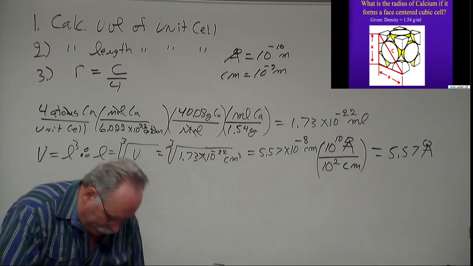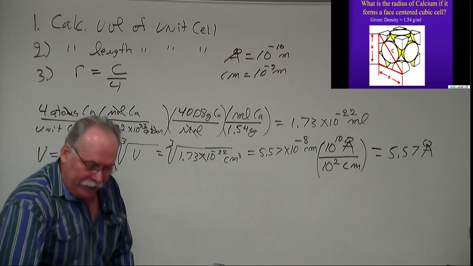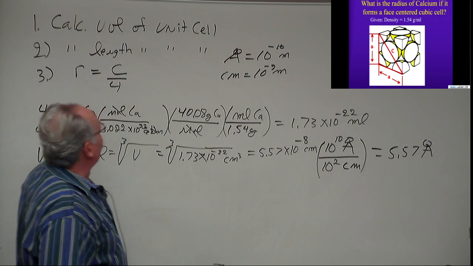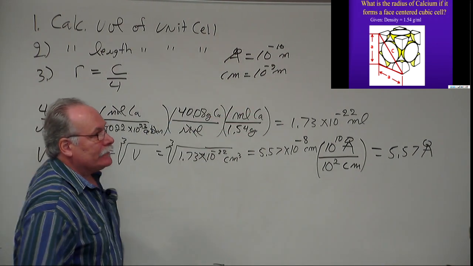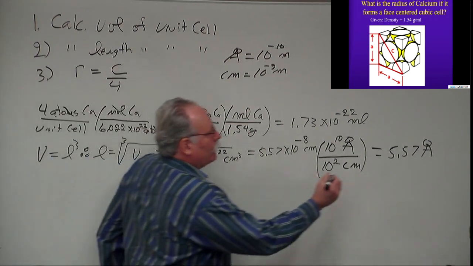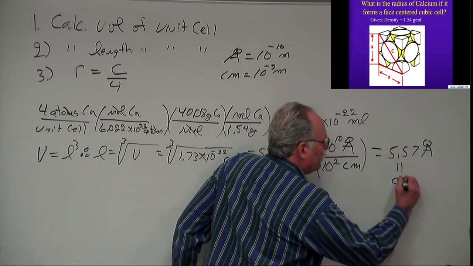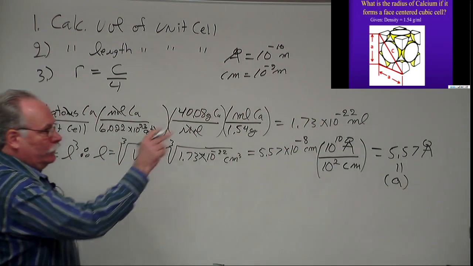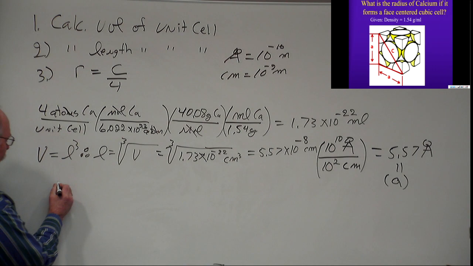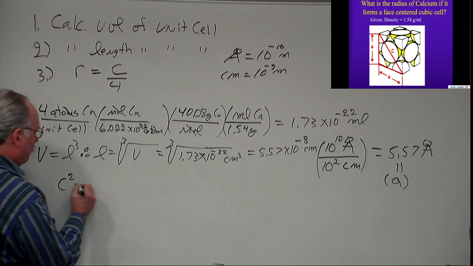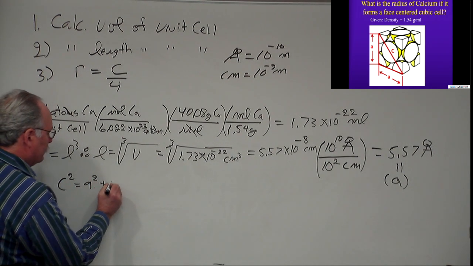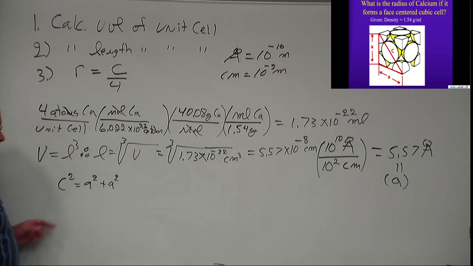Now that we know the length of the cubic cell, we need to calculate the diagonal C. We're going to call the cell length A in our diagram. So I can say that C squared equals A squared plus A squared from the Pythagorean theorem.